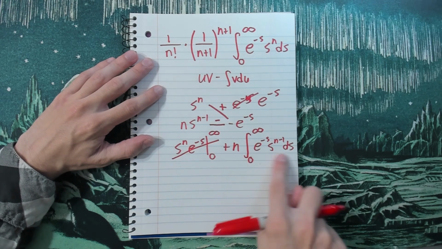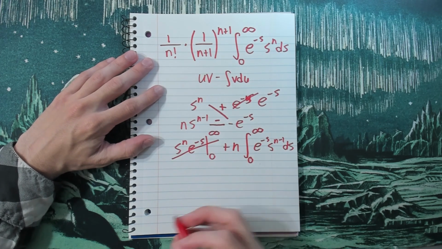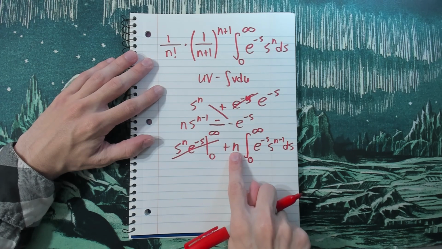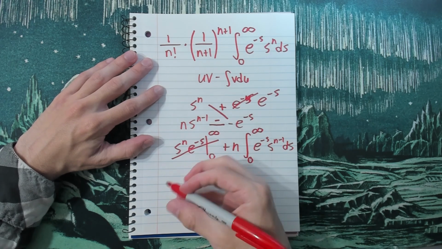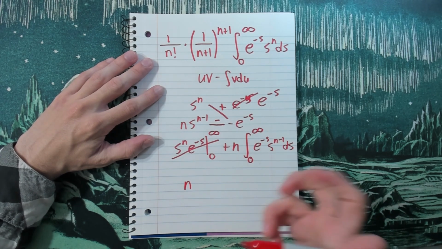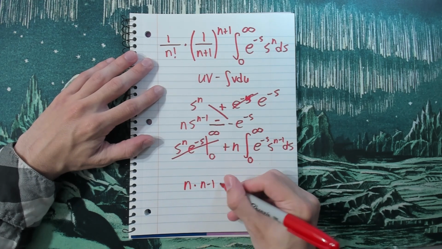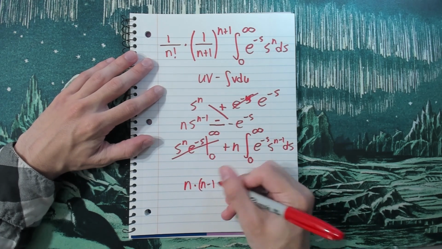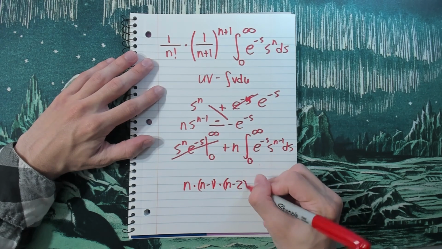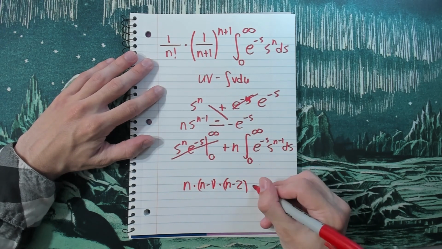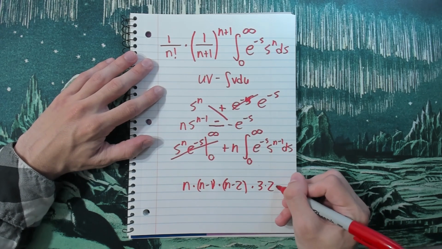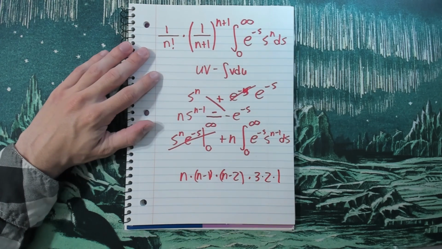So this shows a little bit of a recurrence pattern. I pulled out the n to make this an n minus 1. And then I could pull out the n minus 1 to make this an n minus 2. And then I could pull out the n minus 2 in order to make this an n minus 3, and then I can keep doing that all the way down until I basically vanish the whole thing.